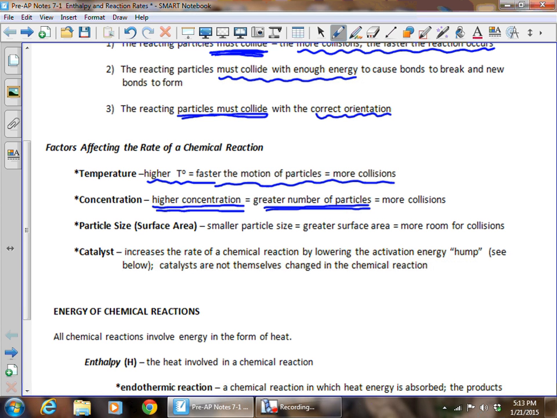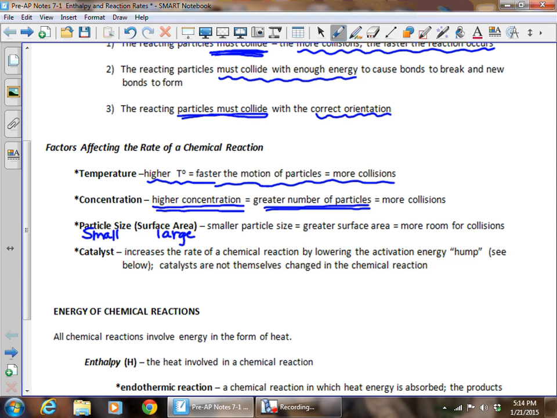Particle size. Now, you have to be careful because on tests, you have to notice whether they're talking about particle size or surface area. Keep in mind that if you have a small particle size, you grind a piece of coal up into dust. That small particle size means you have a large surface area, large amount of space where oxygen, for instance, can reach the coal.